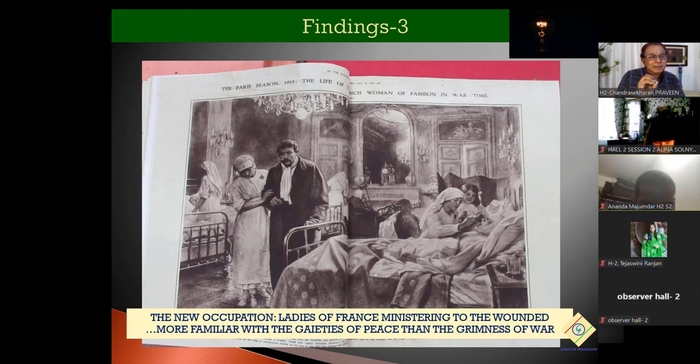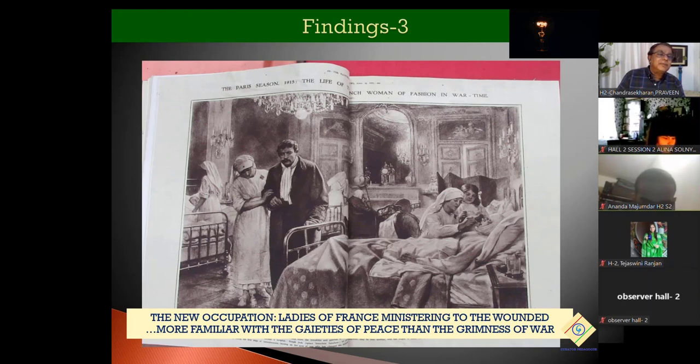So even that hate element is there in this description. Ladies of France ministering to the wounded, more familiar with the gaieties of peace than the grimness of war. Look, you can see a small girl beside the nurse, which means even families were affected.